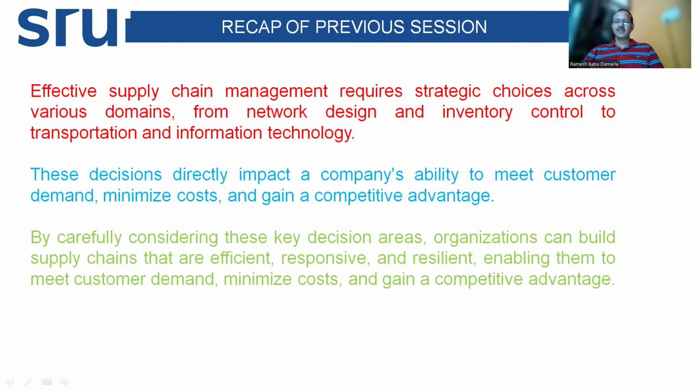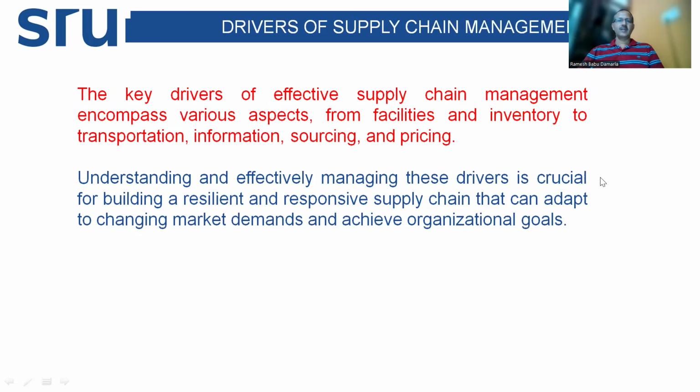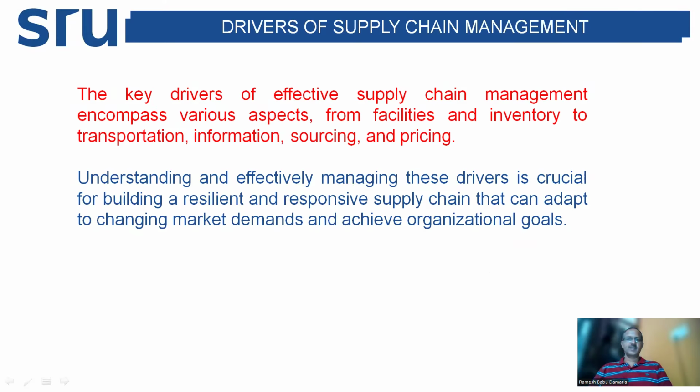Now let us see the drivers of supply chain. See, drivers are which drive the systems. So supply chain is driven by various aspects. These include facilities, inventory, transportation, information, sourcing, and pricing.